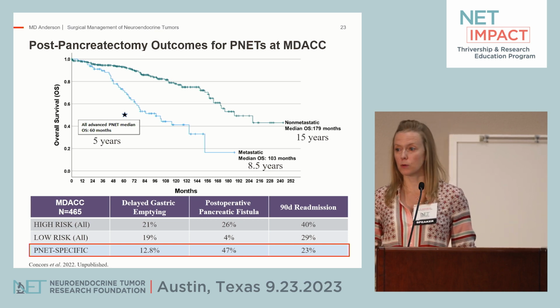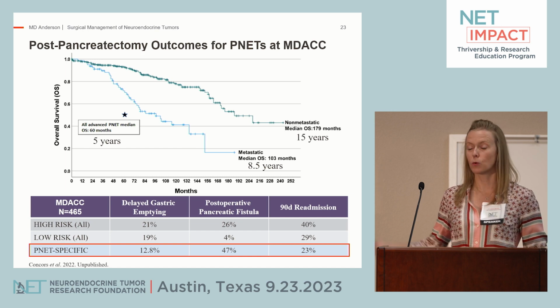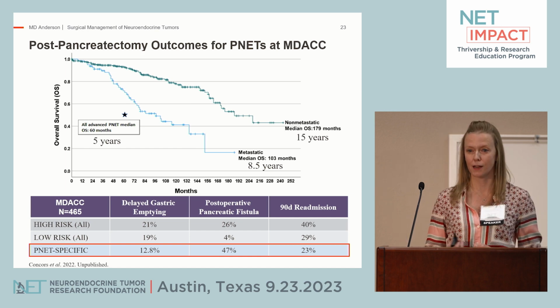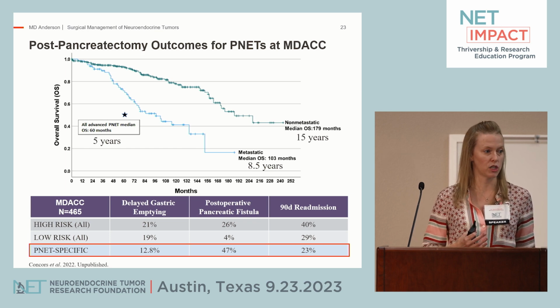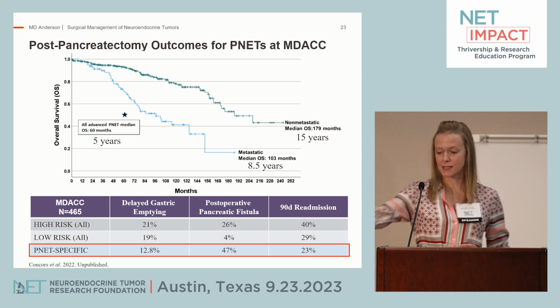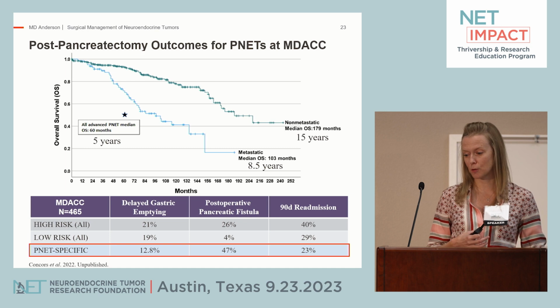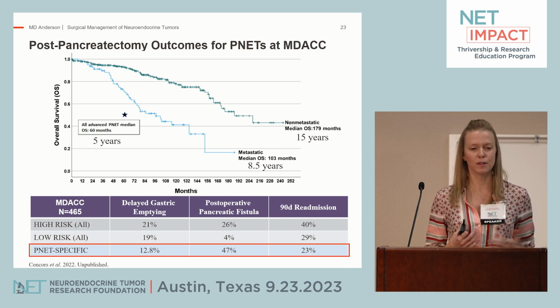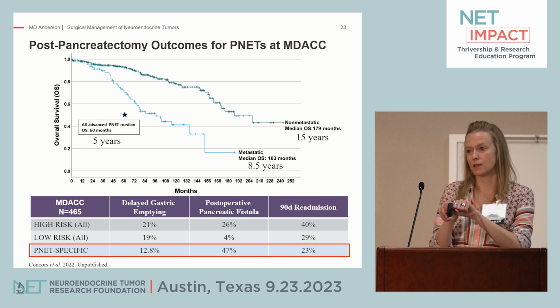The thing that we have to be really careful about, though, is because I'm not offering you cure and we're taking this huge swing in your belly, we have to balance the benefits that we're trying to achieve with the risks that we're also offering up at the same time. And you can see at the bottom that patients that have Whipples for pancreas neuroendocrine tumors have an almost 50% leak rate from that connection that we make between the pancreas and the small bowel.